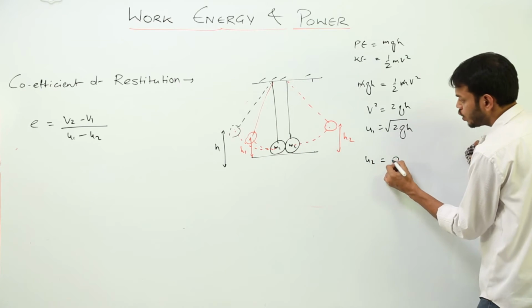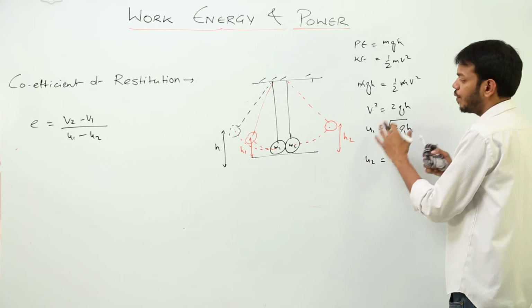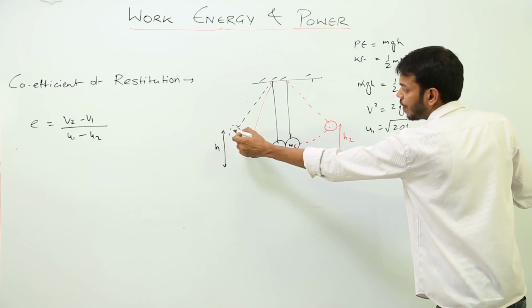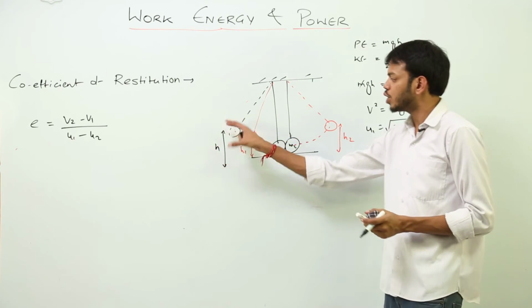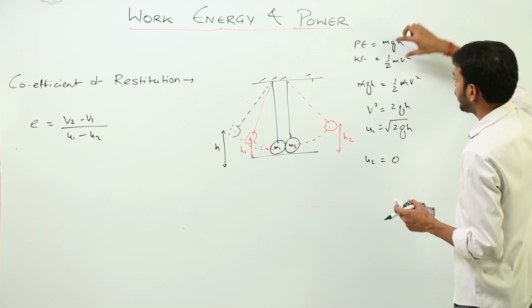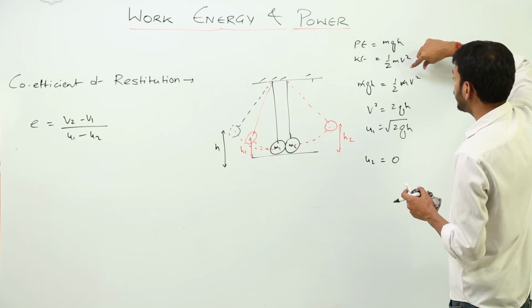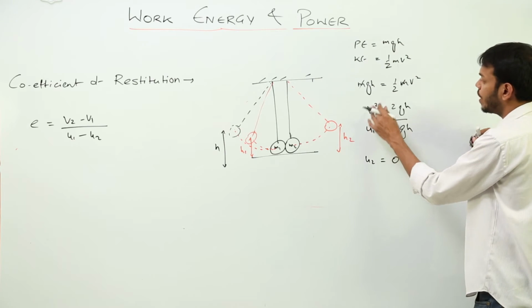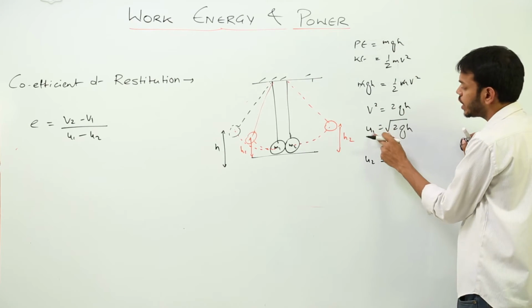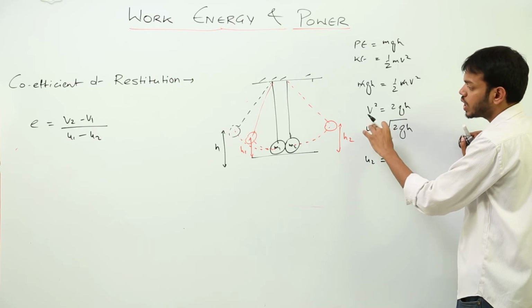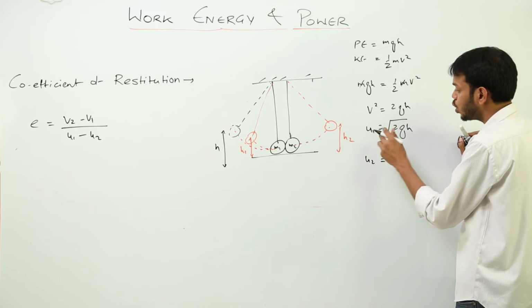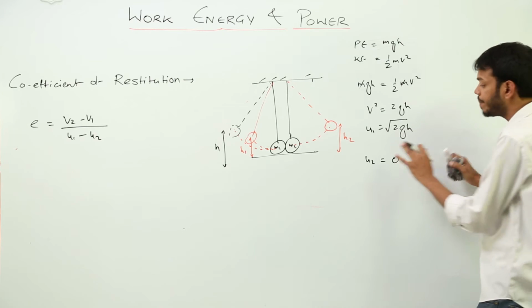So u2 is equal to 0, and u1 is the velocity gained by this body after falling from the height h. By that deduction, if it is at height, mgh is going to get converted into kinetic energy, and you get v square is equal to 2gh, or v is equal to under root 2gh. So u1 is equal to under root 2gh, right?